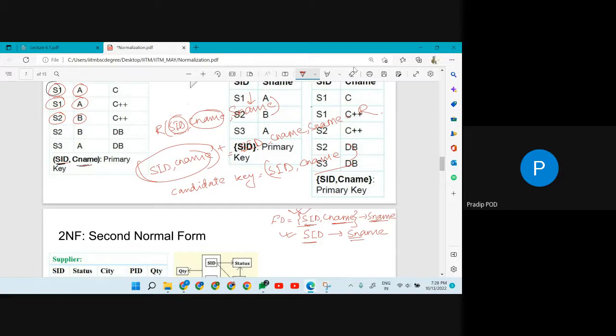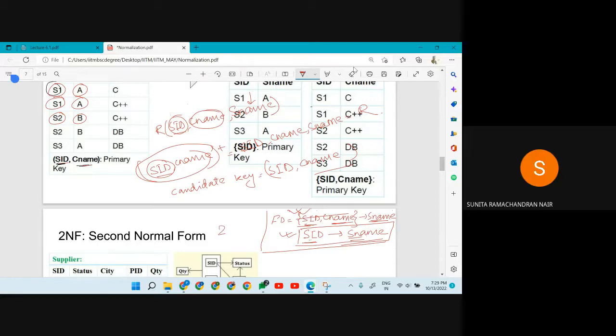Yes, it is a proper subset of the candidate key. SID is a proper subset; whether it derives the prime attribute or the non-prime attribute? It derives the non-prime attribute, right? So you can say this particular functional dependency contains the transitive dependency, right? So the whole R is not in the second normal form.